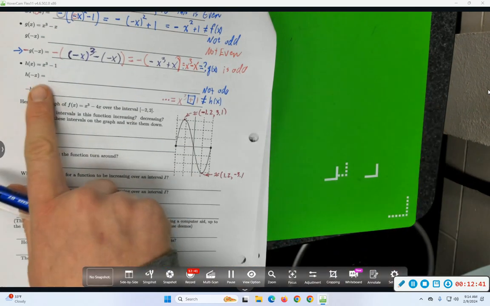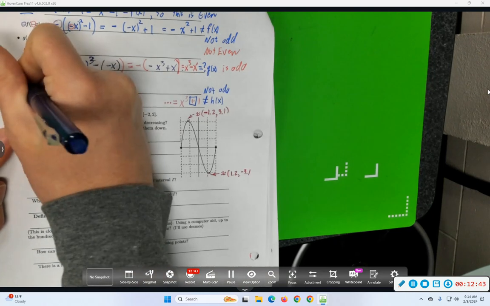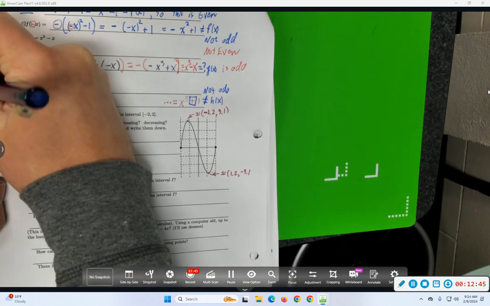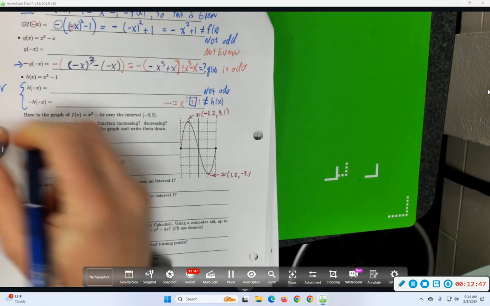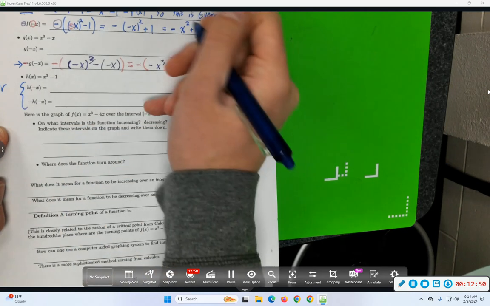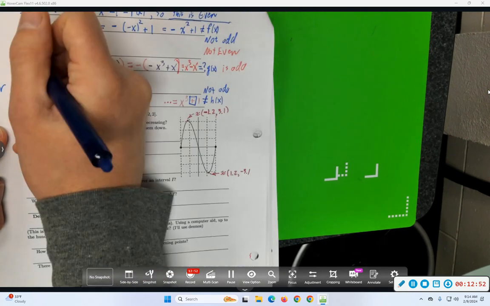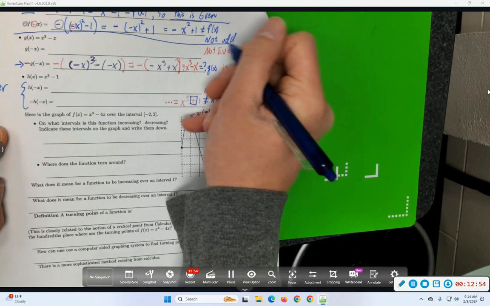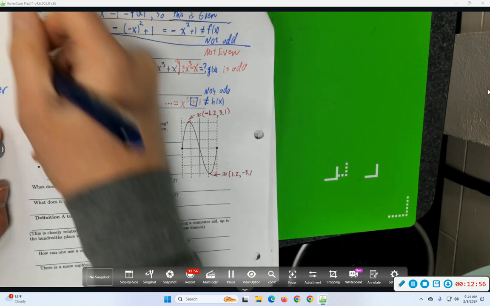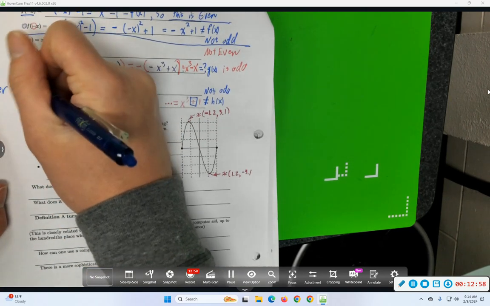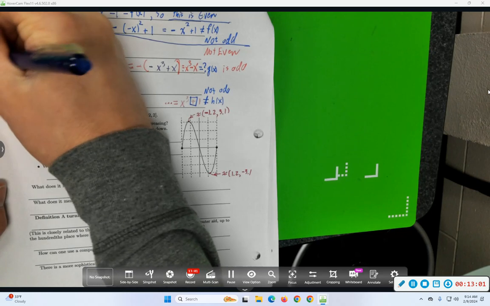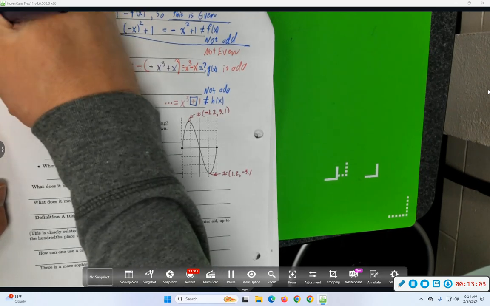No, wait, I was confused, never mind. I read the not even as the same problem. Oh, the orange, sorry. I can understand how that would happen. So that last one is neither. This one worked out to be odd. This sucker worked out to be even.